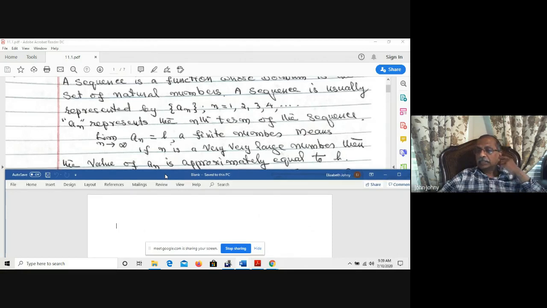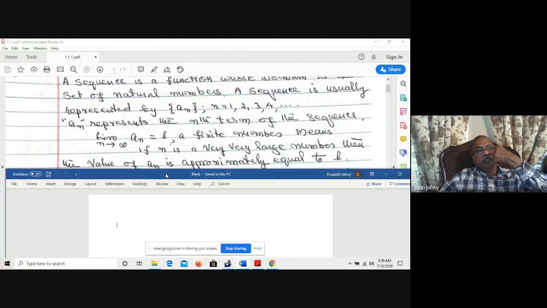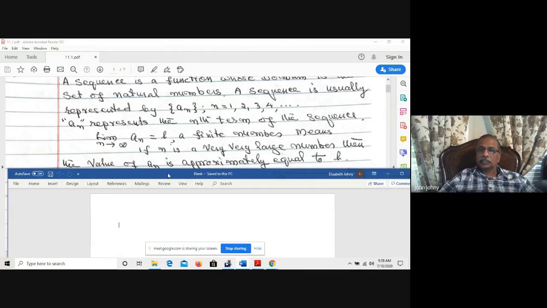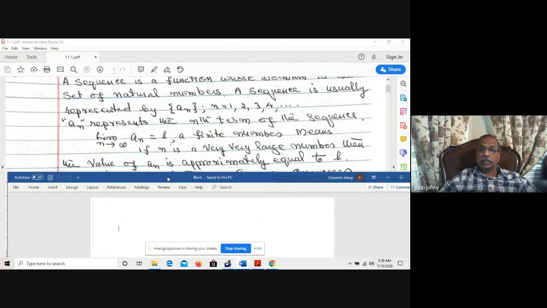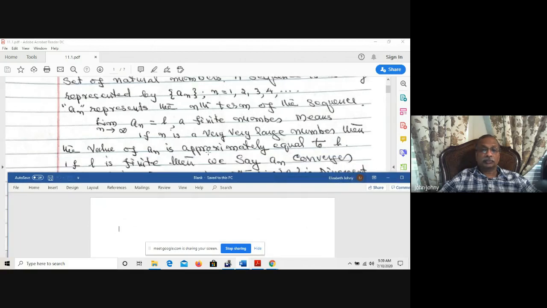This is the layman's definition of the limit of a sequence. This is the meaning, not the mathematical definition.